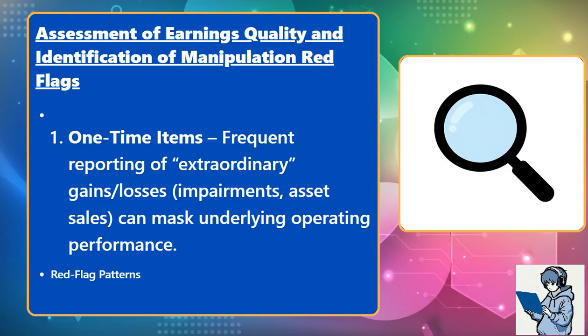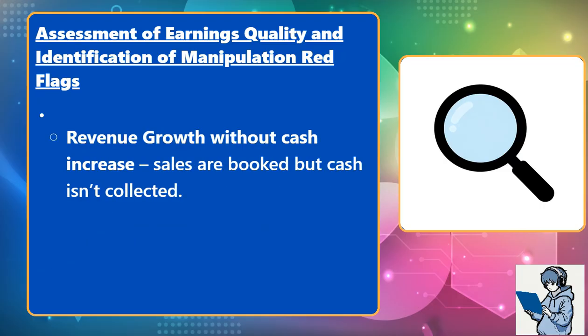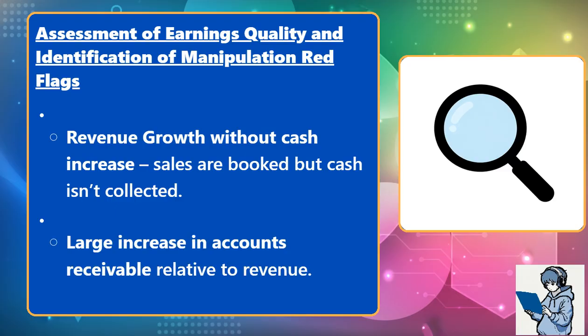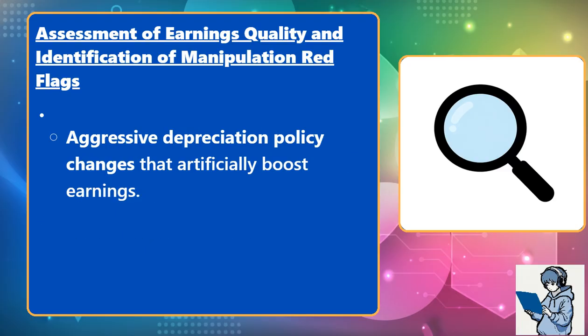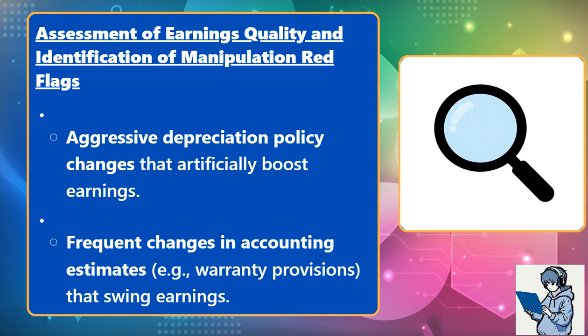Red flag patterns. Revenue growth without cash increase. Sales are booked but cash is not collected. Large increase in accounts receivable relative to revenue. Aggressive depreciation policy changes that artificially boost earnings. Frequent changes in accounting estimates, for example warranty provisions that swing earnings.